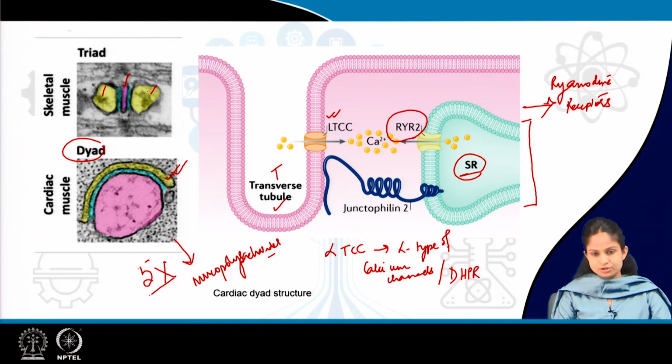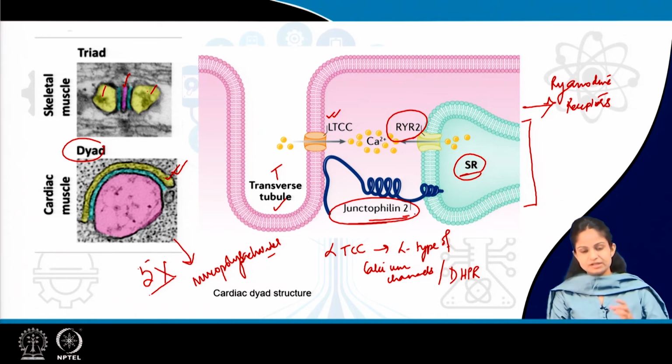The connecting link between the T tubule and the cisternae of the sarcoplasmic reticulum is mainly the junctophilin 2 protein, which binds the transverse tubule and the sarcoplasmic reticulum cisternae.